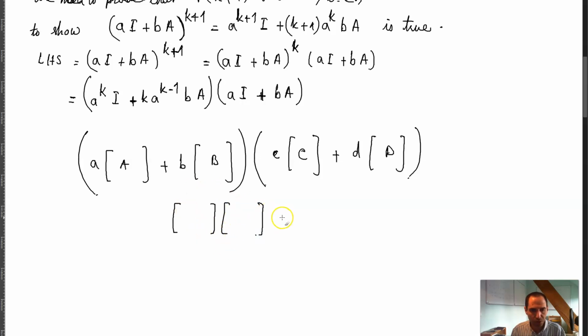You can multiply them together and you will get one matrix, right? That you can do.